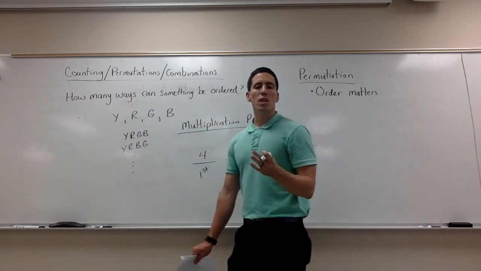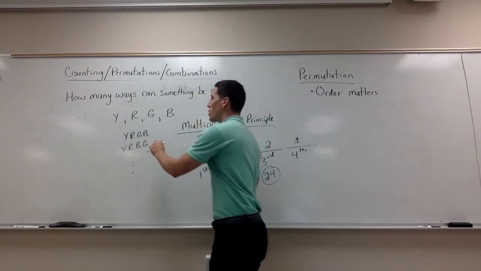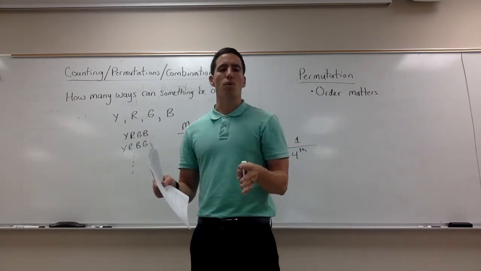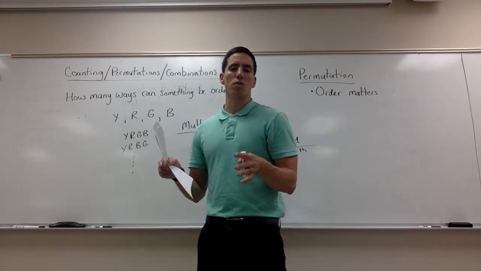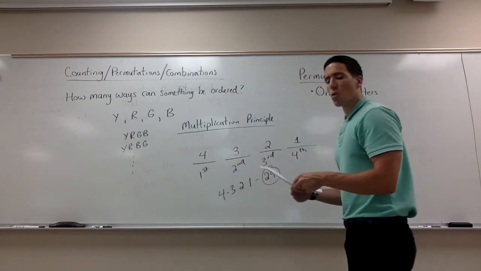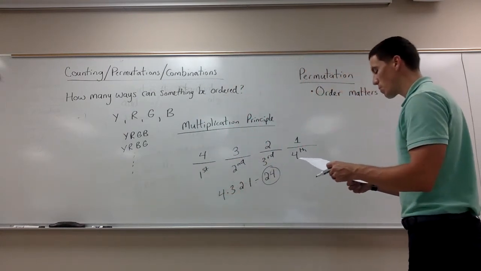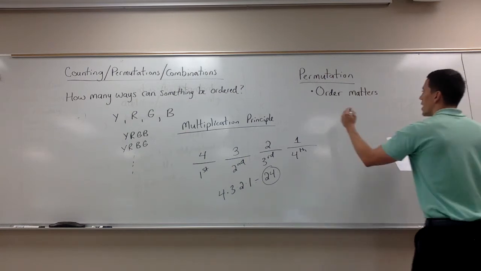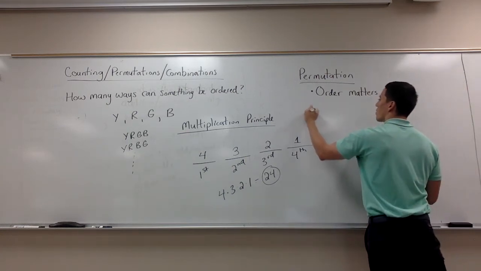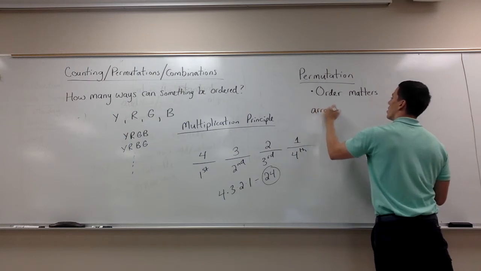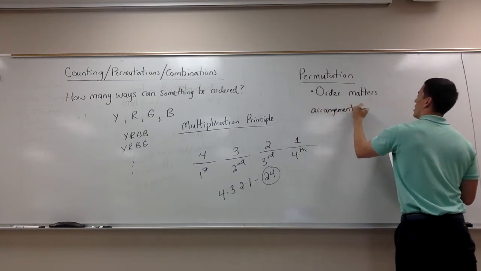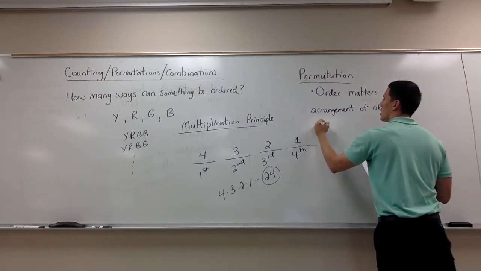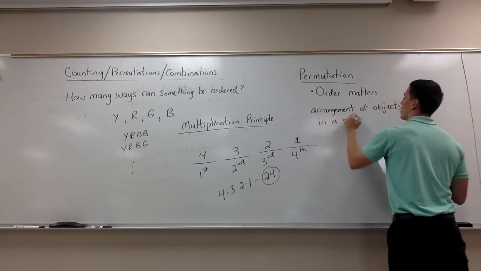So although we used the same four colors and all we did was switch the order of green and blue, those are going to look like two different arrangements. So the order matters in this case. When you're working problems and order matters, you're dealing with a permutation of objects. So a permutation is an arrangement of objects in a specific order.